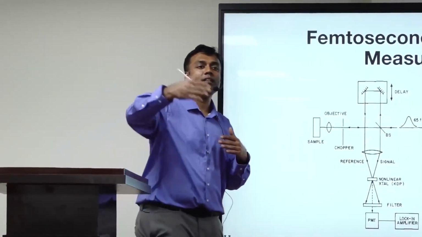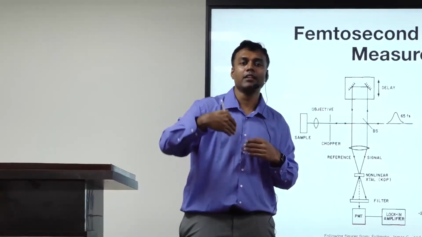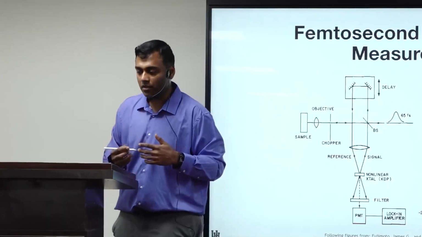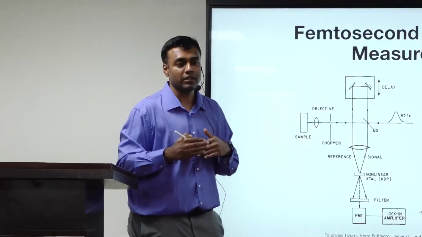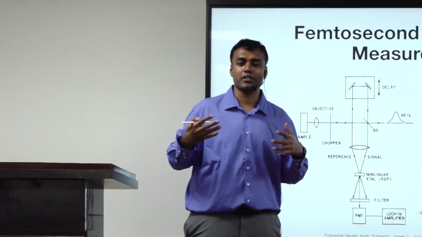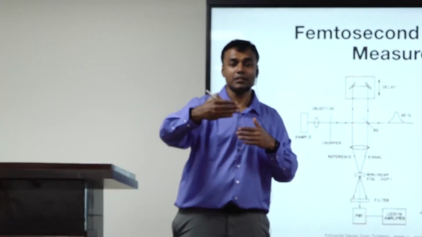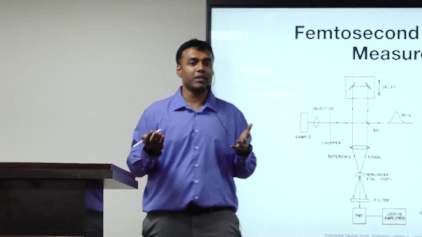If you look at meters and kilometers, then sending a pulse, it will take some time to come back and you can measure the time. But unlike sound, which travels relatively slowly, at 300 meters per second or something of that sort, which is reasonably slow compared to the speed of light, which is 3 times 10 to the 8 meters per second, right?